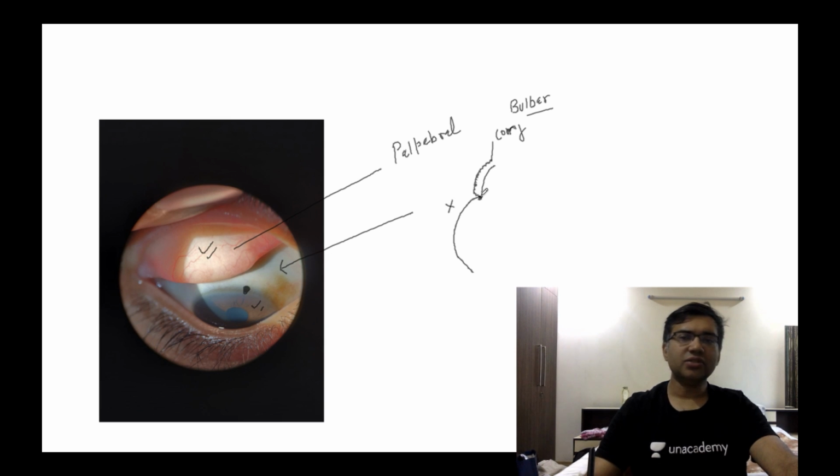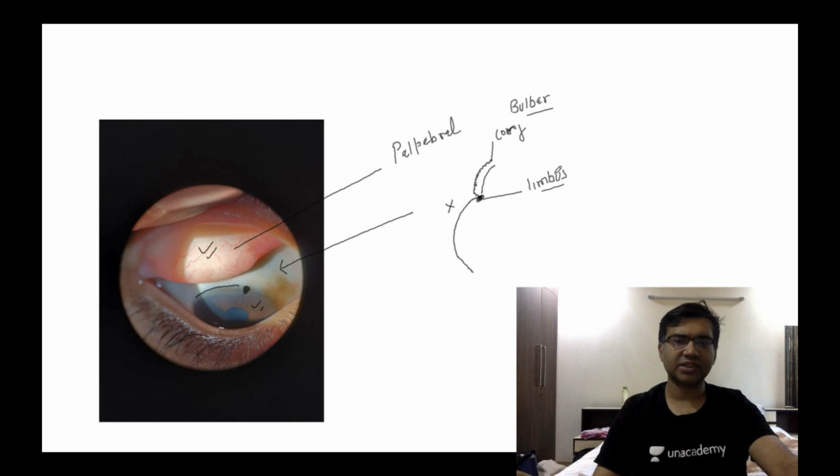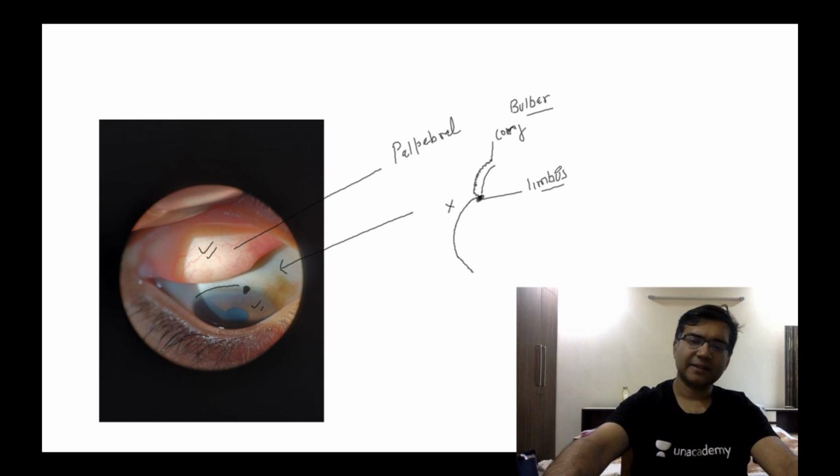The junction of the bulbar conjunctiva and the sclera and the cornea, this junction is called limbus. So this area which you are seeing, this is called limbus. So these are the most important anatomical landmarks of the anterior segment. On this basis, we would be having a discussion of our further slides.